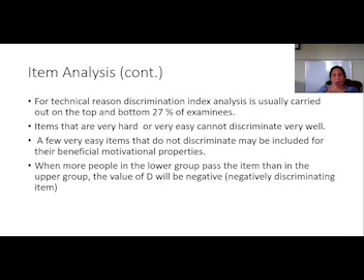However, this is a principle in test development. When we develop tests, we have to include a few very easy items, or items that do not discriminate may be included for their beneficial motivational properties. What does this mean?